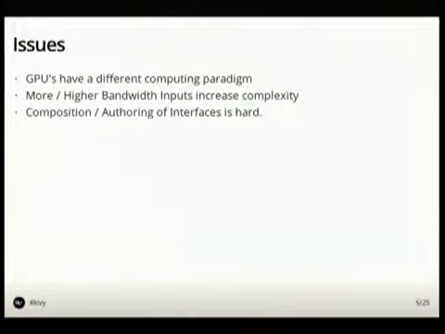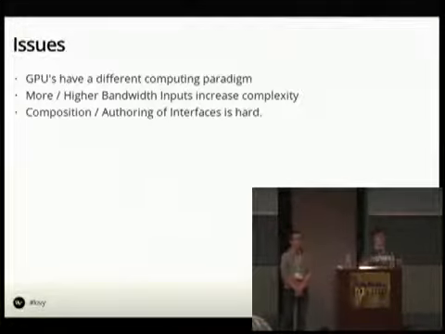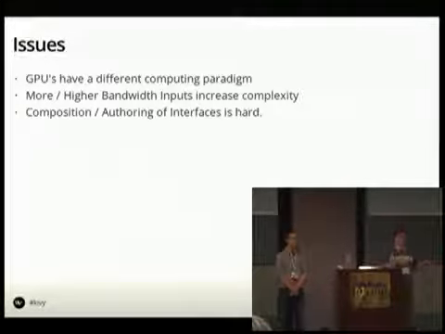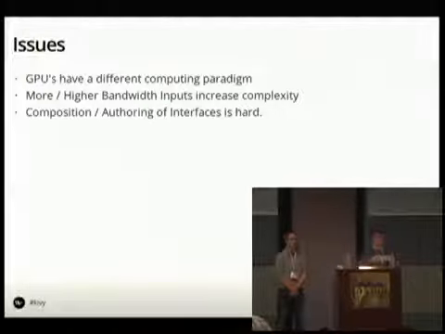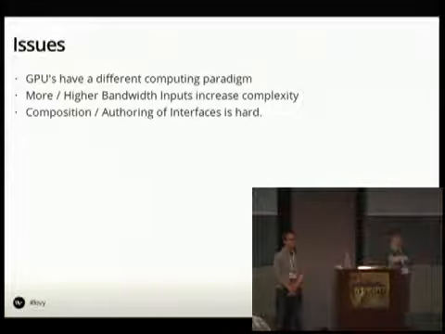That brings with it a couple of issues, which are what motivate the work that we do. For one, GPUs have a fundamentally different way of thinking about computing than a regular processor. Most of us are used to the sequential programming that we learn, and on GPUs everything happens in parallel.